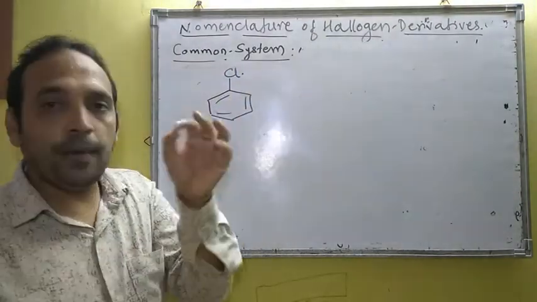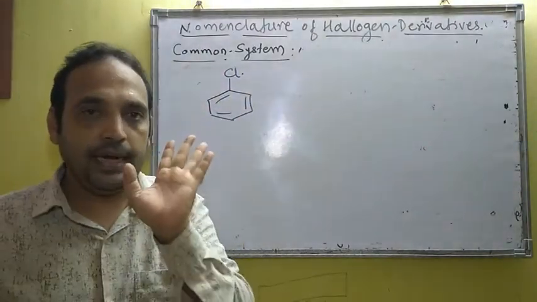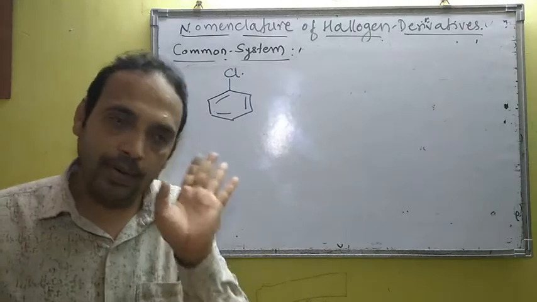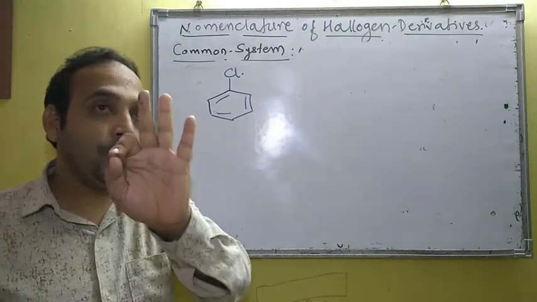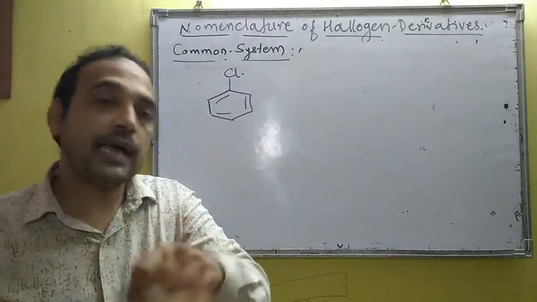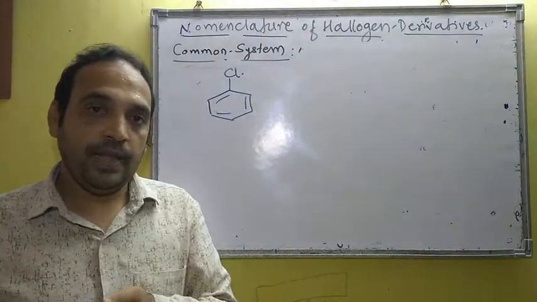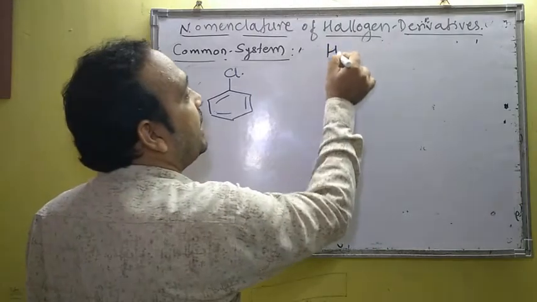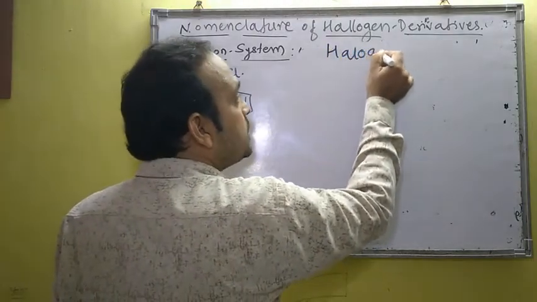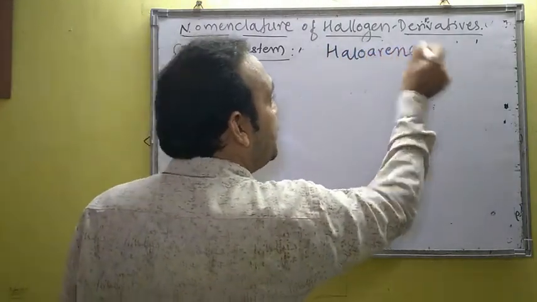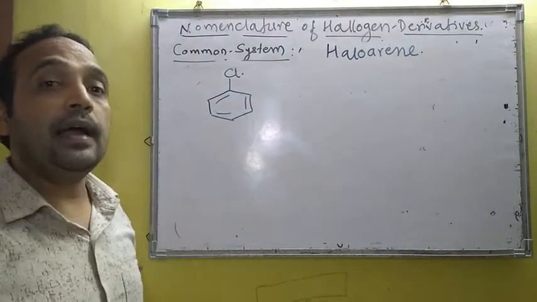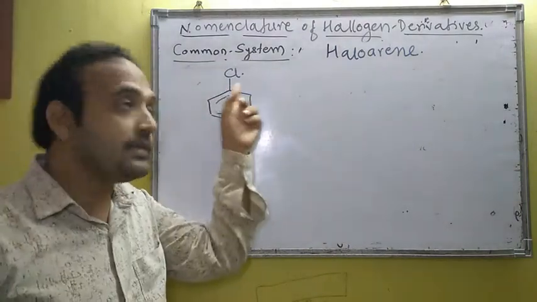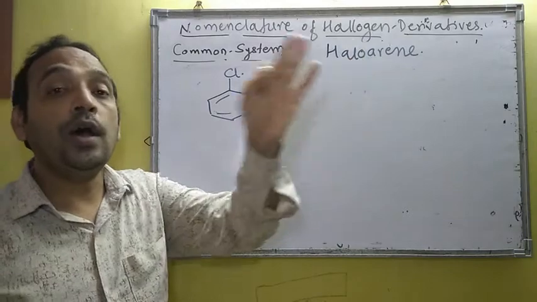It is the best example of haloarene, an aromatic halide. According to the common system as well as IUPAC nomenclature, aryl halides are named as haloarenes.